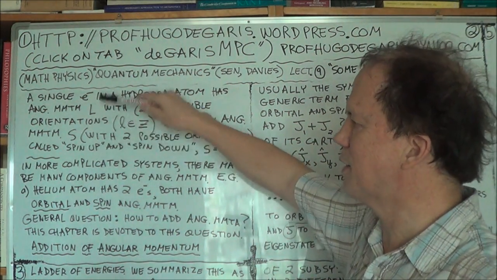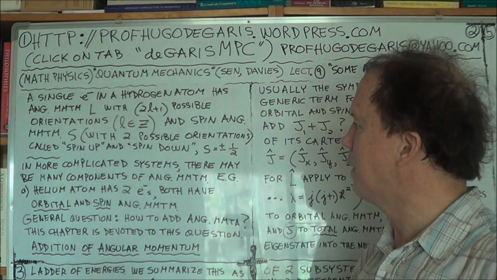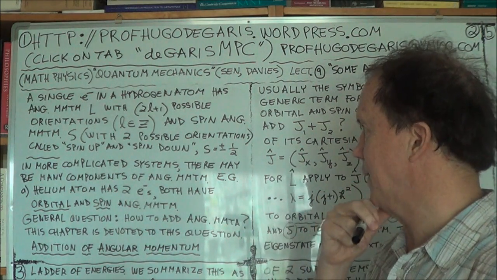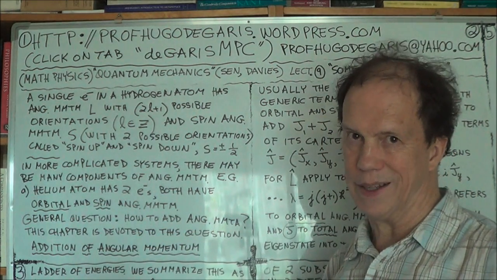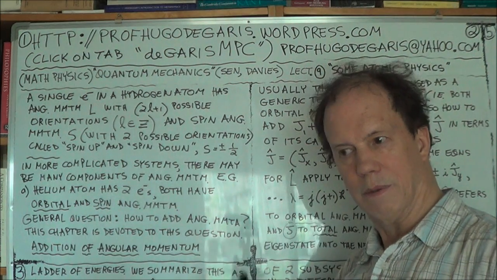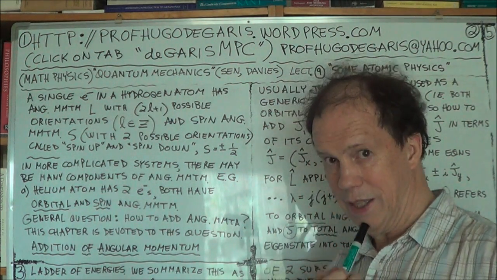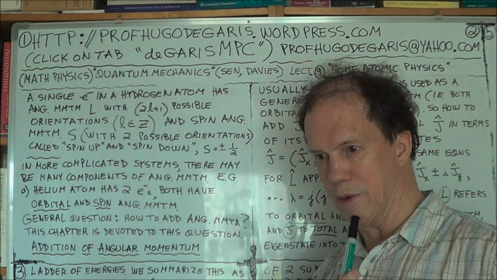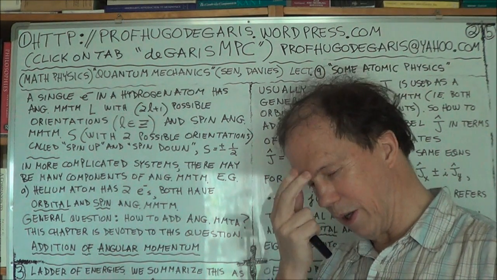Now that's about as simple as you can get, just one system. So what happens in more complicated systems, for example a helium atom? That's the helium nucleus, an alpha particle. A beta particle is just an electron. And a gamma particle is a gamma ray, a very hard, highly energetic electromagnetic photon.